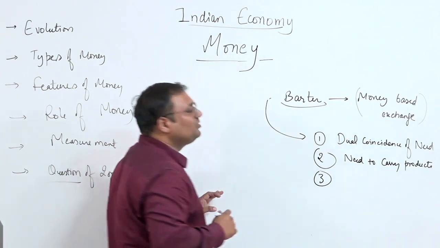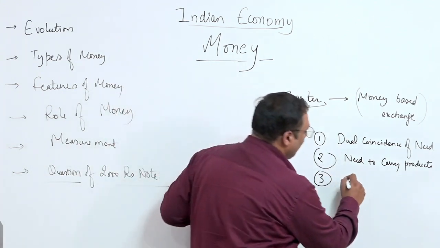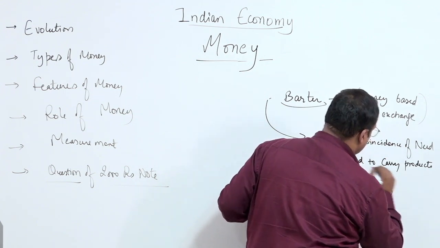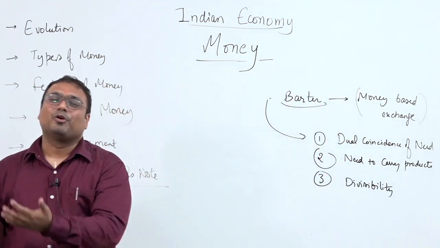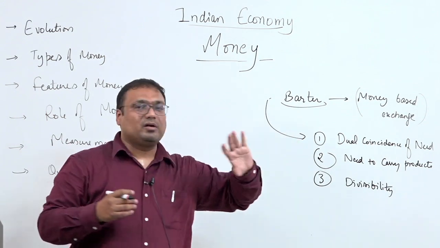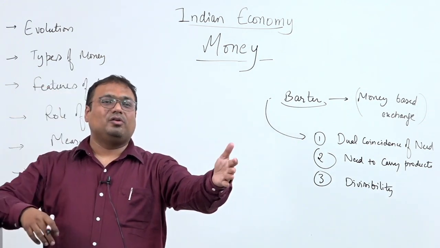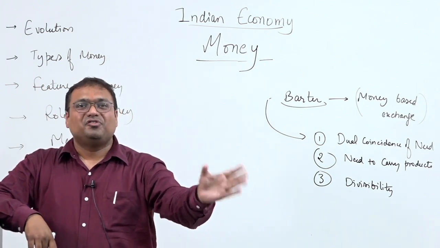The third problem is divisibility. Divisibility is also a problem. Okay. So in barter, divisibility of product. For example, you are a shepherd. You have sheep. Okay.